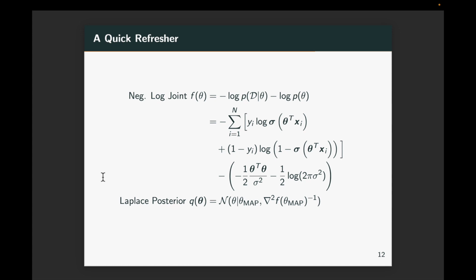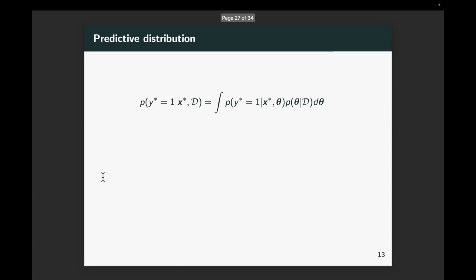So at this point, we now know the approximate posterior for Bayesian logistic regression, but we are not done. Right? The important thing is not just to give a posterior, it's to make predictions on new data points and give the uncertainty about it. Which always means that we are trying to solve an integral of this form.